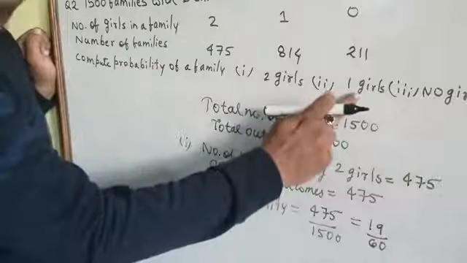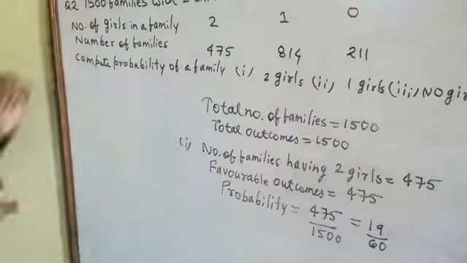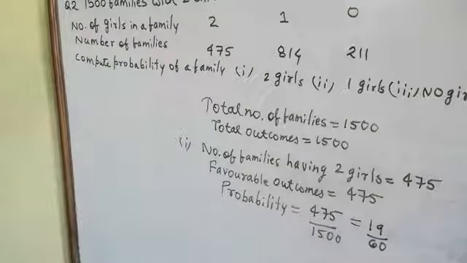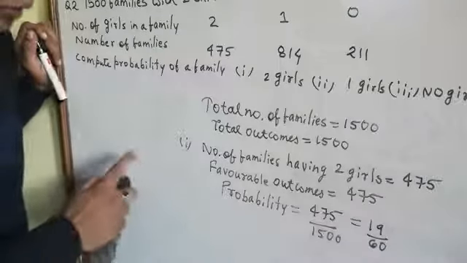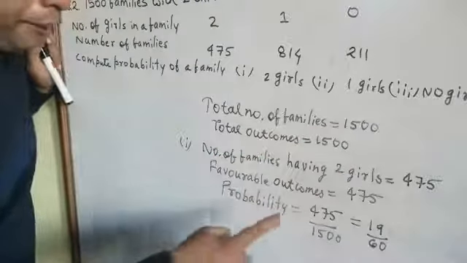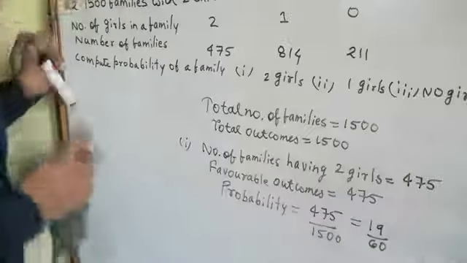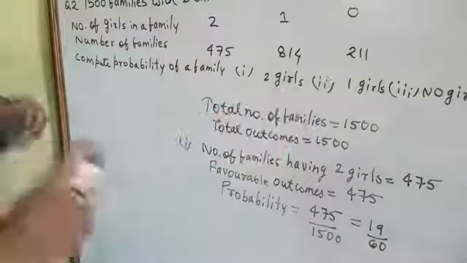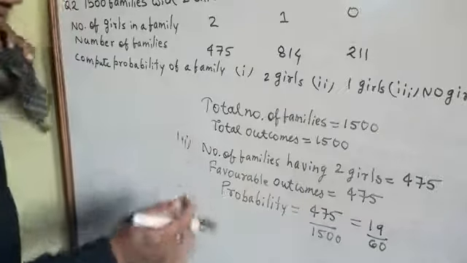Now next question, we have to find the probability of the families having 1 girl. Same steps: the total number of families and total outcome will be the same. The first is over, so in the second question we'll change the step.